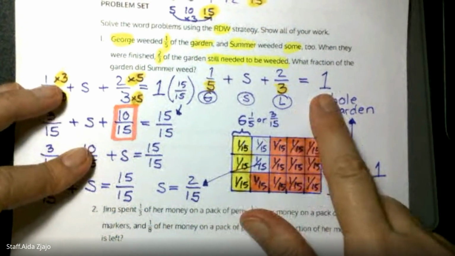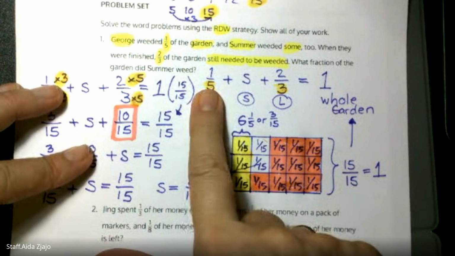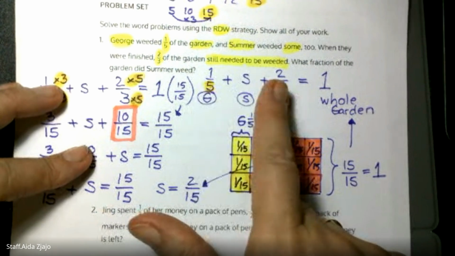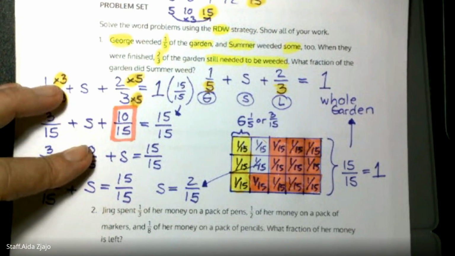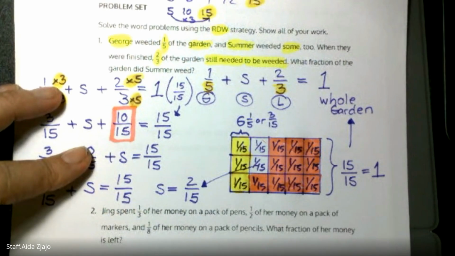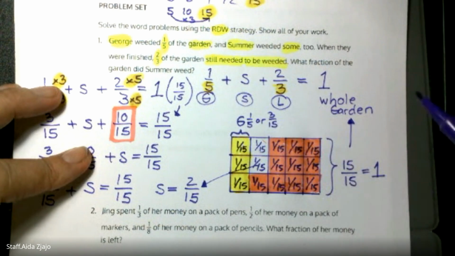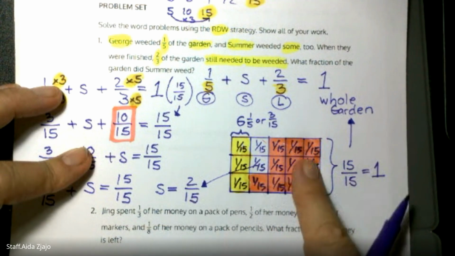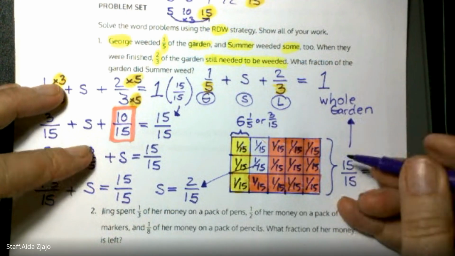The whole garden, we change it into the 15s because the fifths and the thirds fractions could be easily cut into the 15 size pieces. So when we have a whole that we can cut into equivalent pieces, 3/15 represents George, 2/15 will be Summer, and then 10/15 is left over.